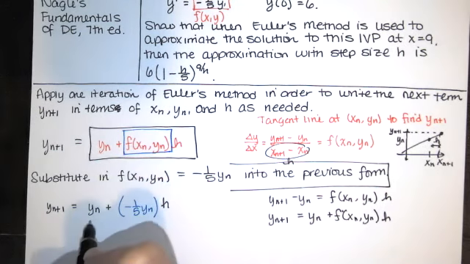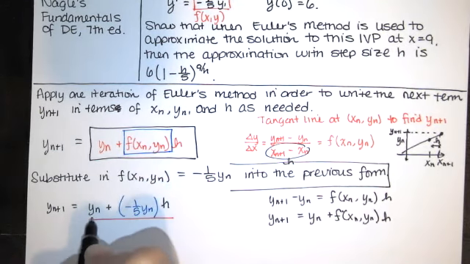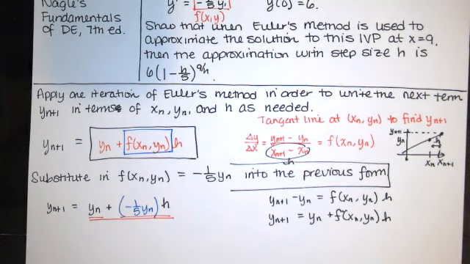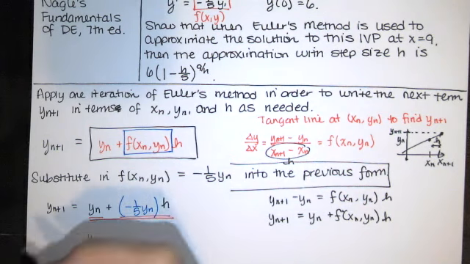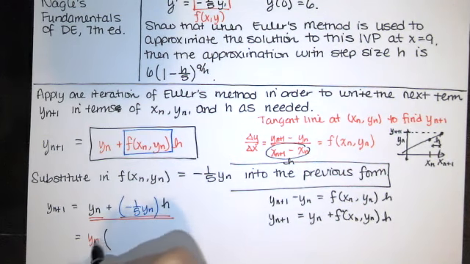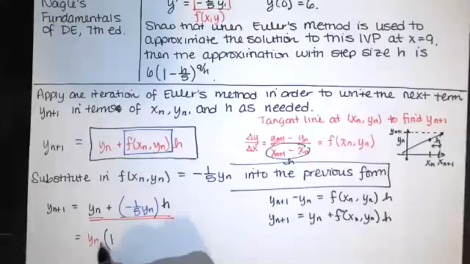Now you could leave it like this, but you notice that this term and this term have a y sub n in common. So you can factor out a y sub n from those. Y sub n times 1 gives us the first term, and y sub n times negative 1/5 h gives us the second term.